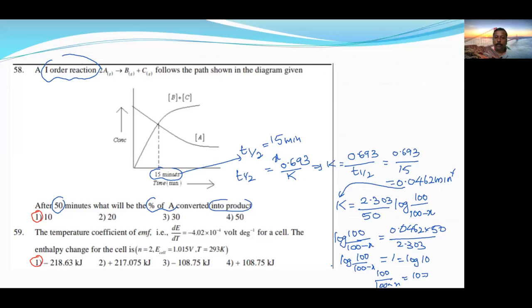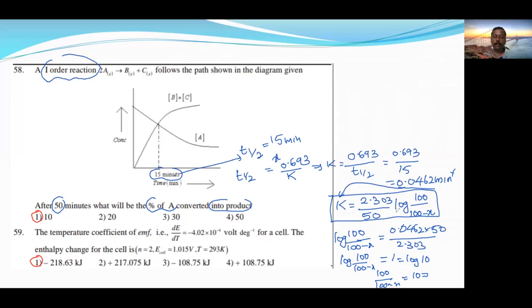Okay, here T half is equal to 15 minutes. So after substituting here, T half is equal to 0.693 by K. So K is equal to 0.693 by T half, 0.693 by 15. That is equal to 0.0462. Okay. So now you can put in the first order reaction formula. So K is equal to 2.303 by 50 into log 100 upon 100 minus X. Okay.